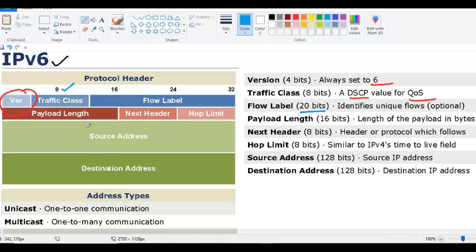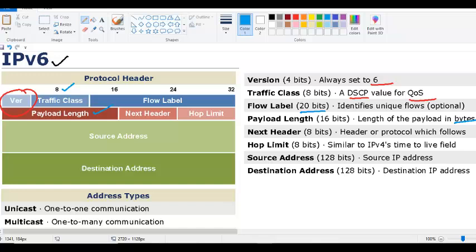And then we have payload length. Length of the payload in bytes. It will show how big the total size of the packet is. Not every packet will be of the same size.